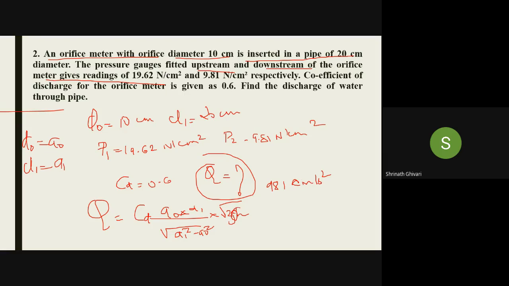Then we want H. How will you calculate H? Which formula will you use? Which type of fluid is flowing through the pipe? It is water, as he is telling us to find the discharge of water.